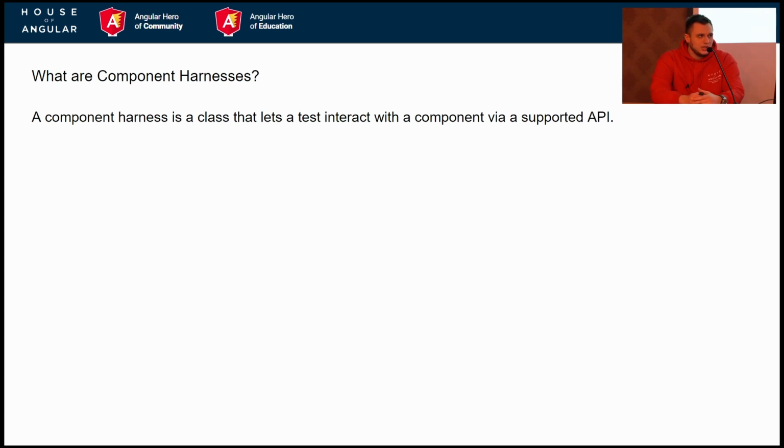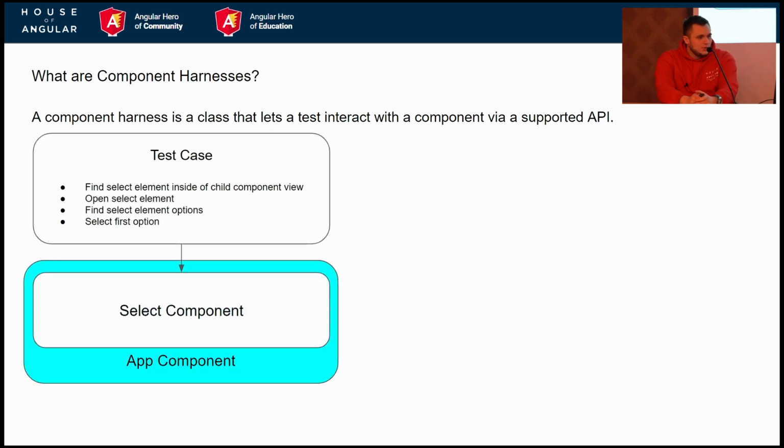So when we communicate through this API, we no longer depend on the component's implementation details, which I will explain a little bit deeper soon. And the component harness pattern is based on the PageObject pattern, which is commonly used within integration testing. So those of you who maybe know the PageObject pattern may notice some similarities across my presentation.